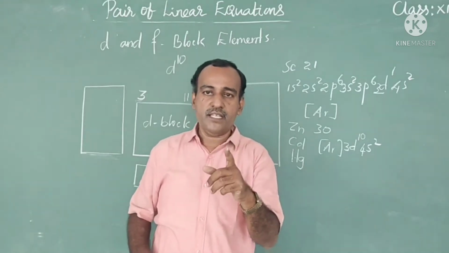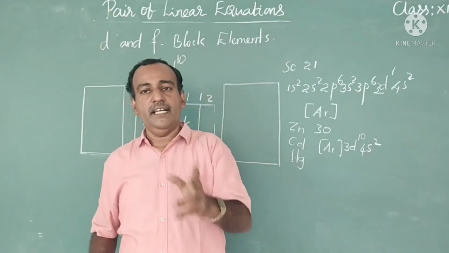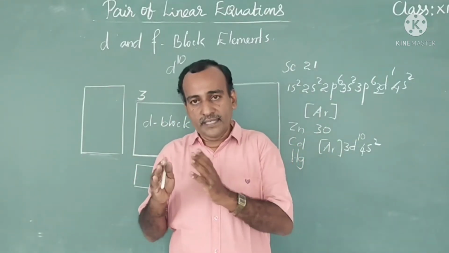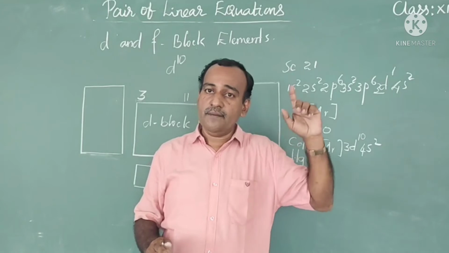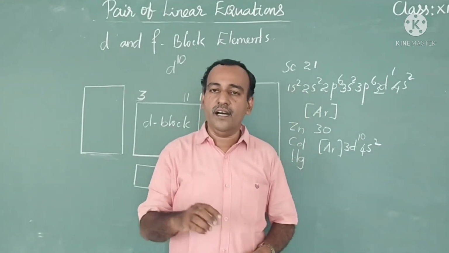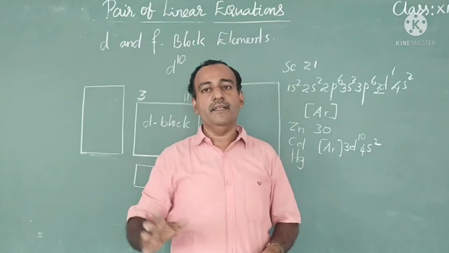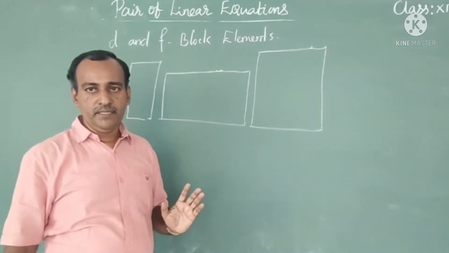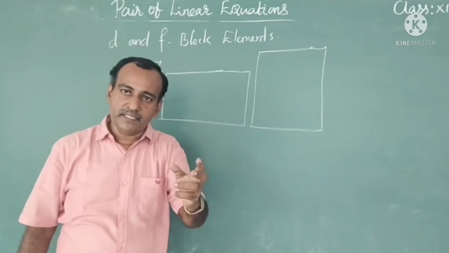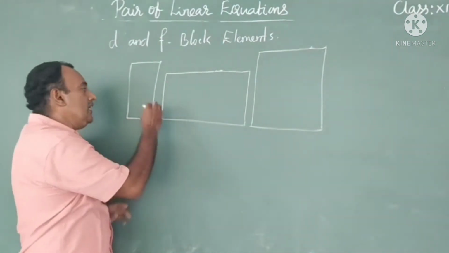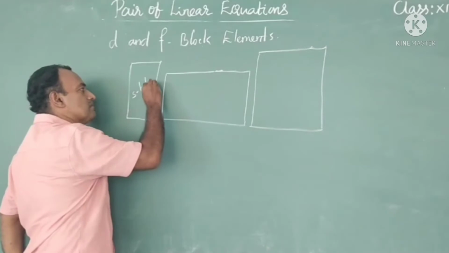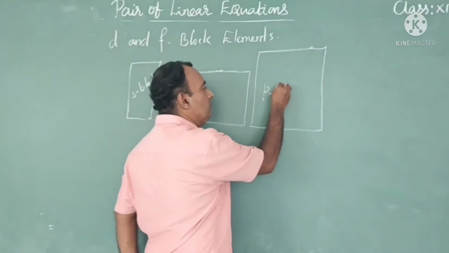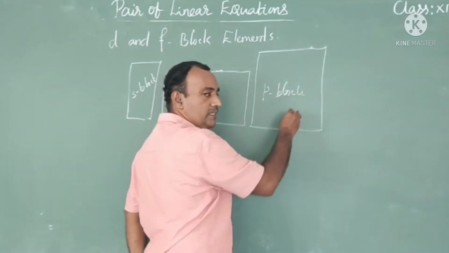If an element possesses partially filled d orbital in the penultimate shell, either in its oxidation state or in the ground state, then it is called a d block element. The d block elements are situated between the highly electropositive s block elements and the highly electronegative p block elements.